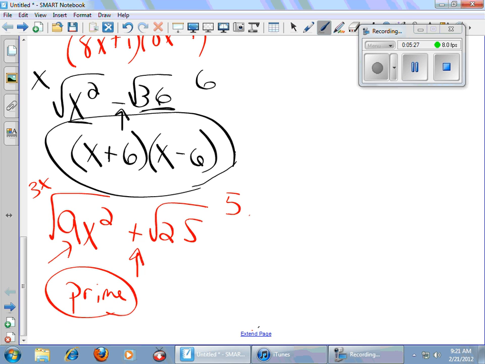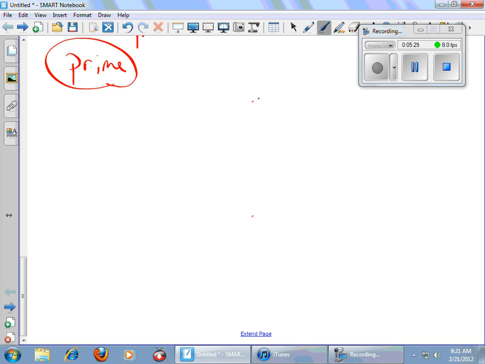Now, there's one more situation I want to look at really quick. Let's say we have 50x to the 4th minus 32x squared. Well, the first type of factoring you should always try would be GCF, right?